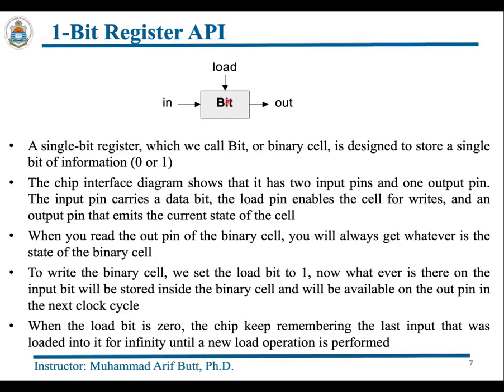And to write a binary cell, we set the load bit to 1, and now whatever is there on the input bit will be stored inside this binary cell and will be available on the out pin in the next clock cycle. And when the load bit is 0, the chip keeps remembering the last input that was loaded into it for infinite time until a new load operation is performed.